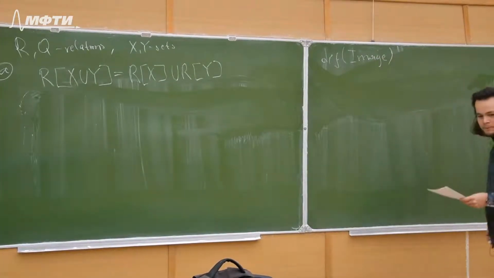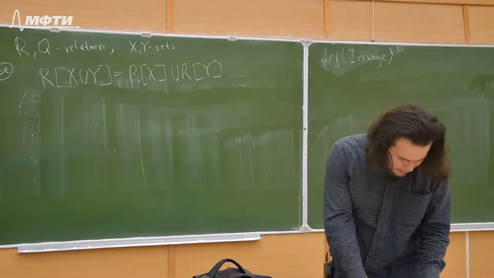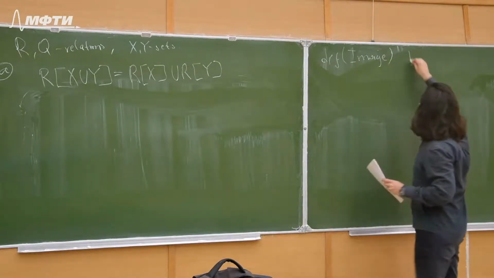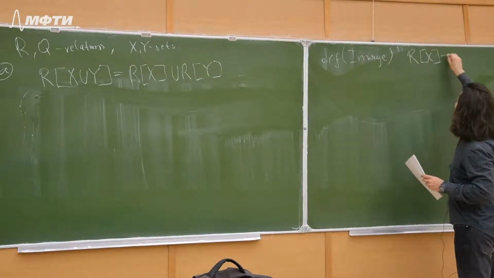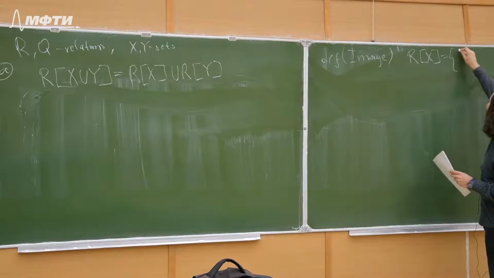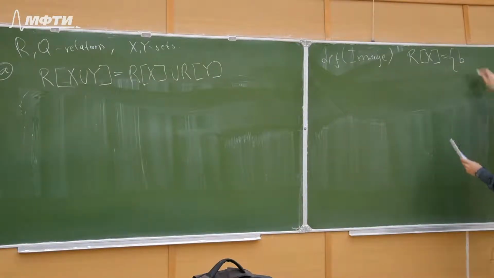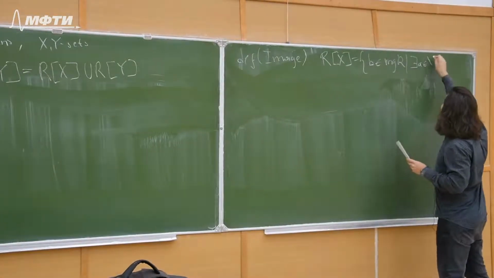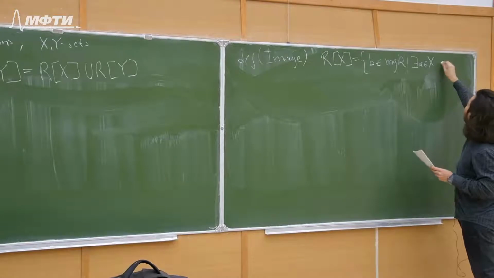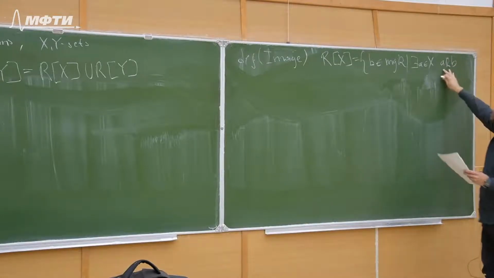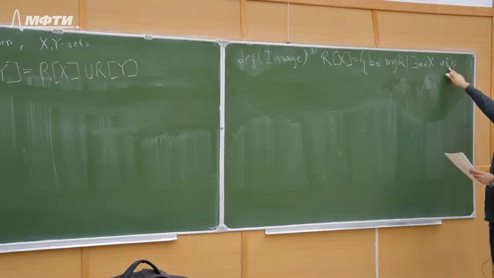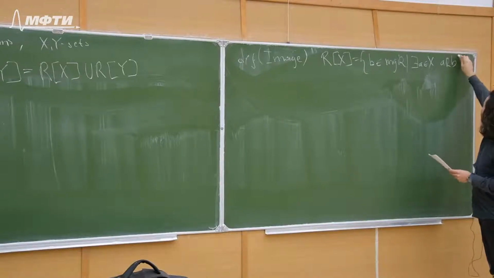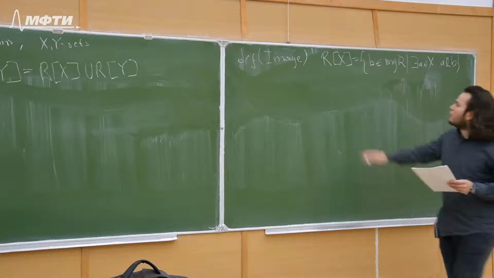We have that R of X is the set of all elements B that are in the range of R, such that there exists A in X and A R B. So the ordered pair A and B belongs to R. Okay. So this is the definition of the image, right?